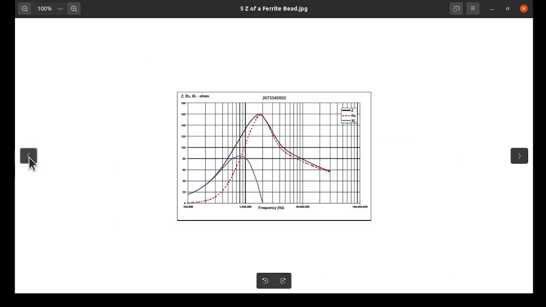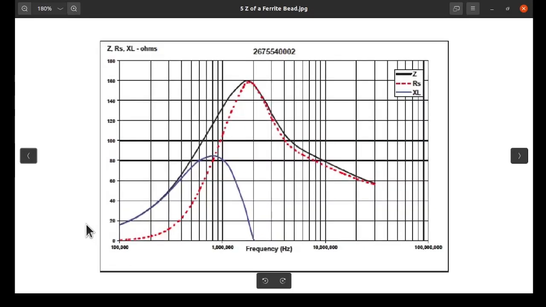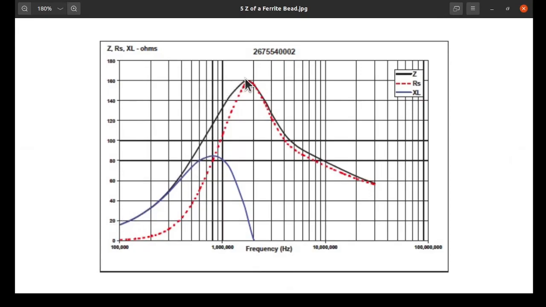Returning, there's an example of just one core. And let me expand this so that you can see this. This is a type 64, I believe, and it has a peak here at about 2 megahertz, and then it starts to fall off.